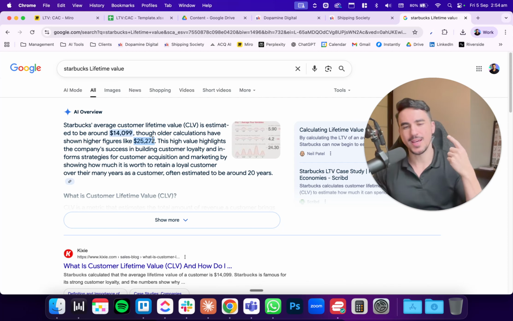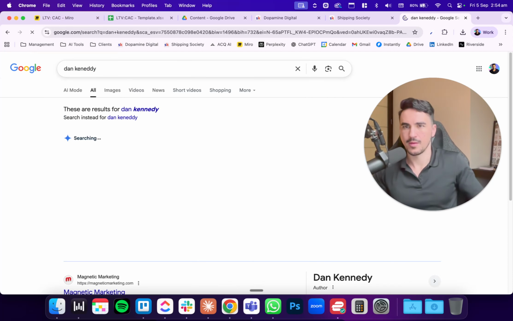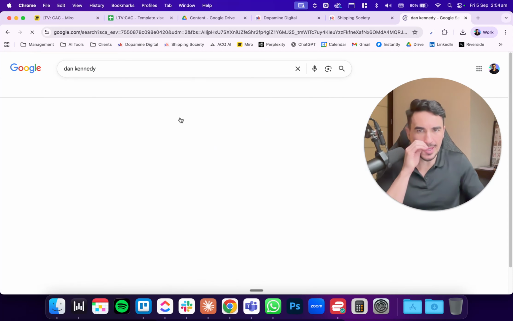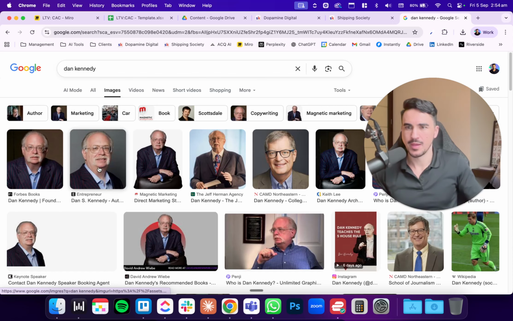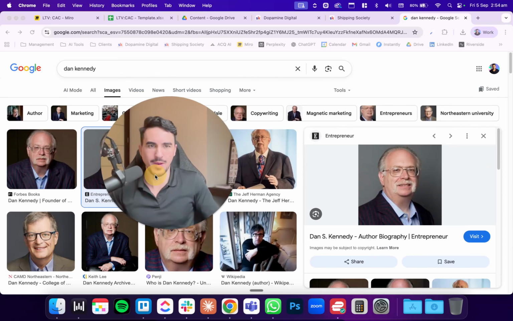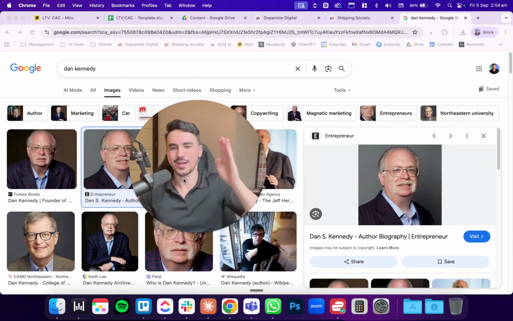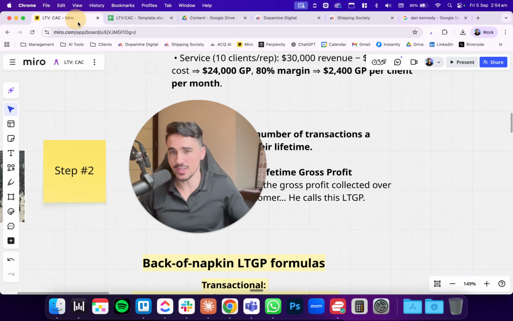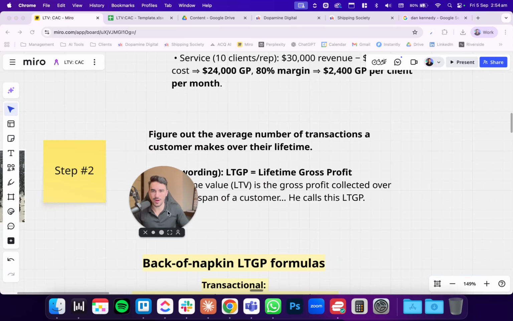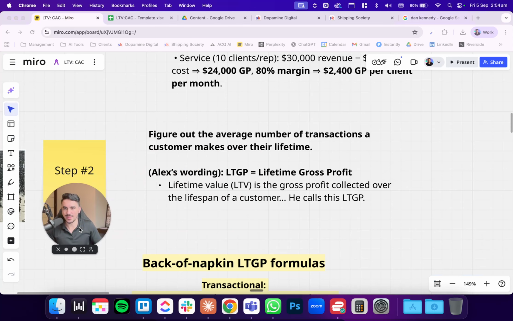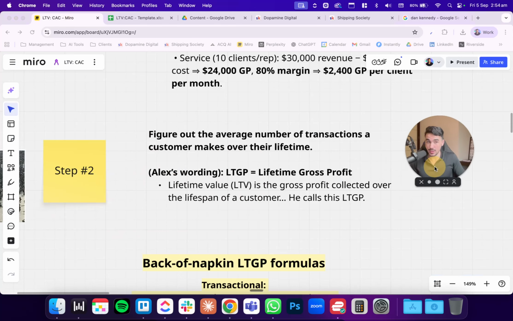Dan Kennedy, one of the OGs of the marketing space, has a famous saying: whoever can spend the most to acquire a customer wins. When you can spend $25,000 to acquire a customer and all they need to spend is $6 every time, it's a pretty good business model.